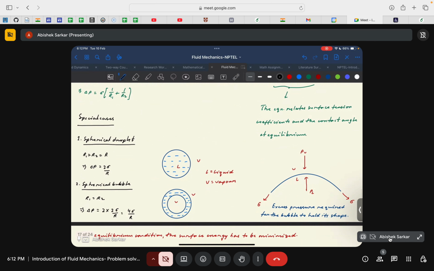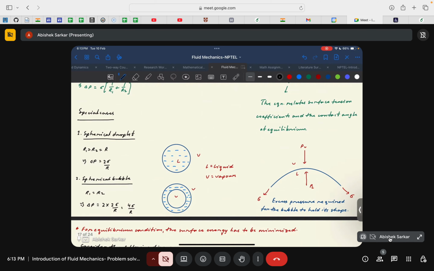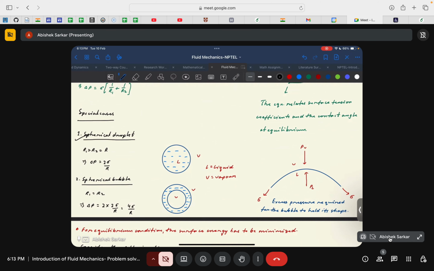But what will be important are the special cases that we will discuss today. There are three special cases actually, two of which I have discussed here, and one is a question in today's problem solving part. First is the case of a spherical droplet, and second is the case of a spherical bubble.